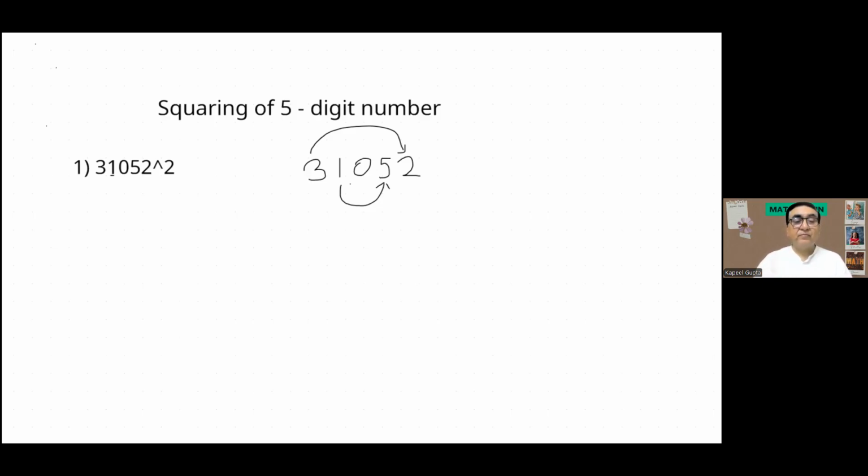So 3 and 2, that is the first pairing that I was talking about, plus the second pairing, and then the third pairing.